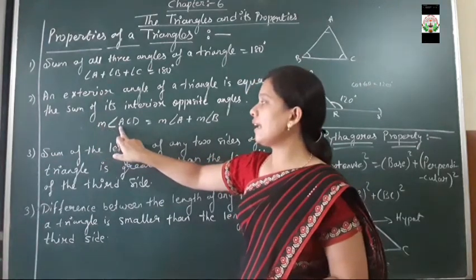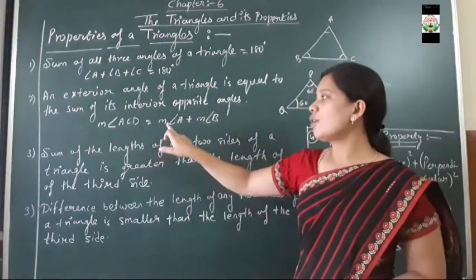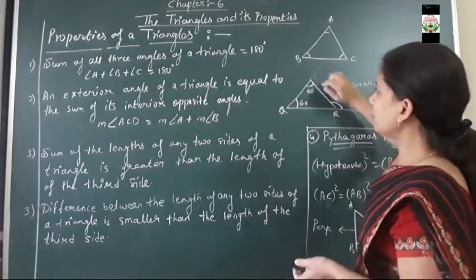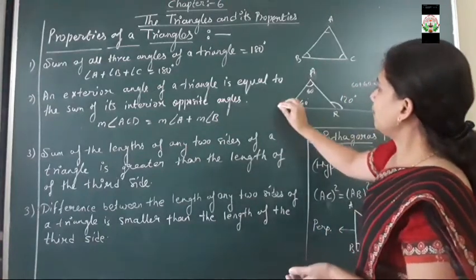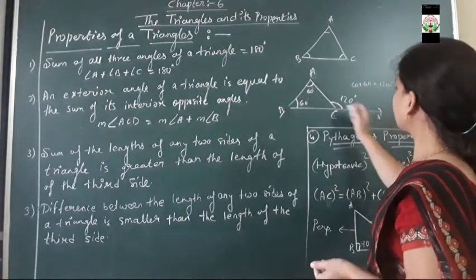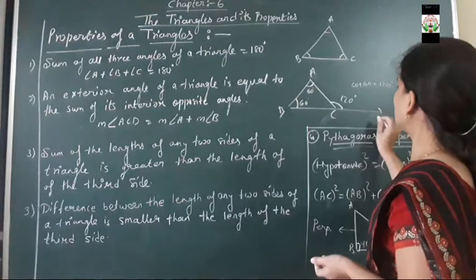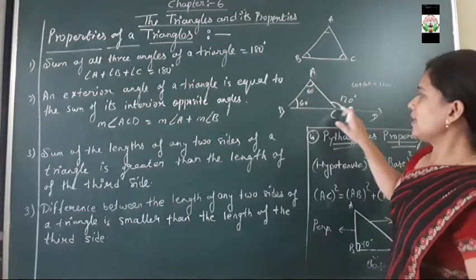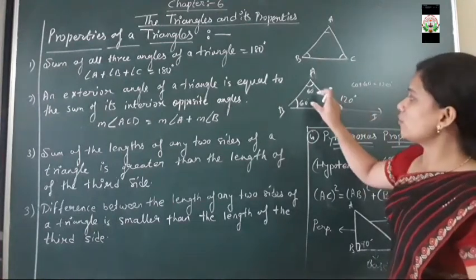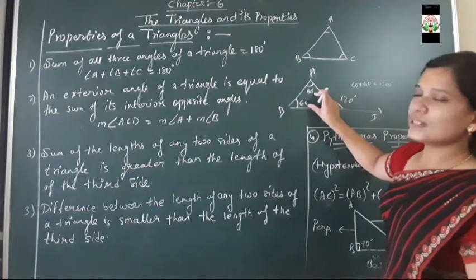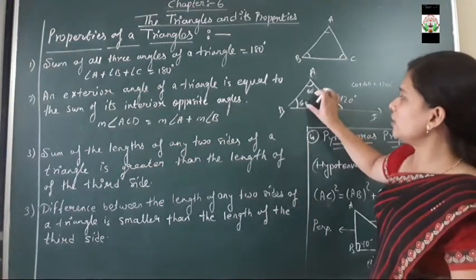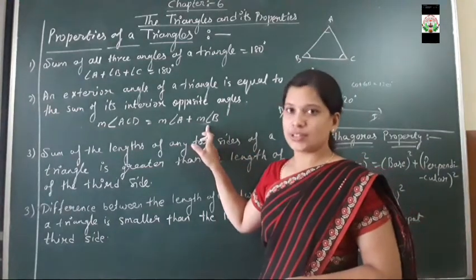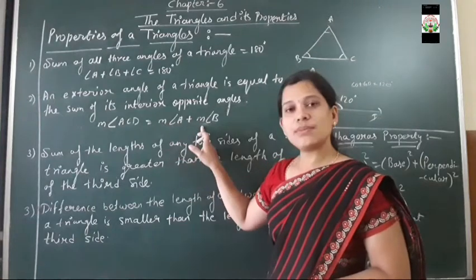Measure of angle ACD is equal to measure of angle A plus measure of angle B. Here we can change the names also; this is C and this is D. So the measure of angle ACD, which is an exterior angle, is equal to the sum of its interior opposite angles, that is measure of angle A plus measure of angle B, where m indicates the measure.